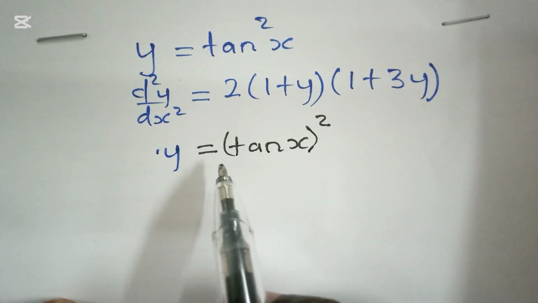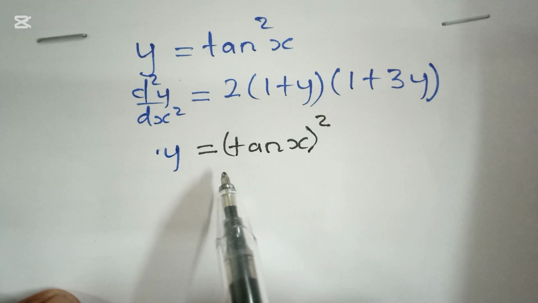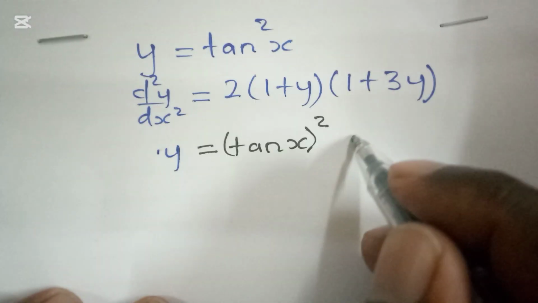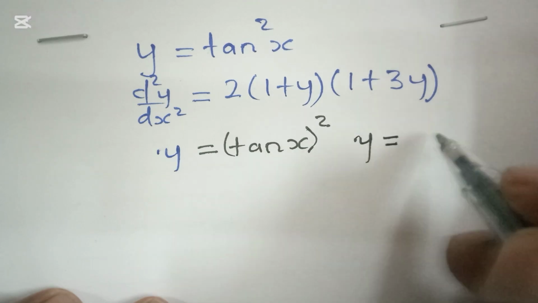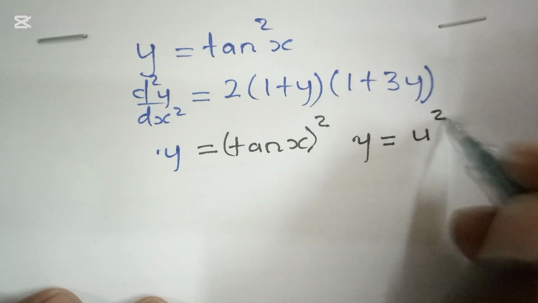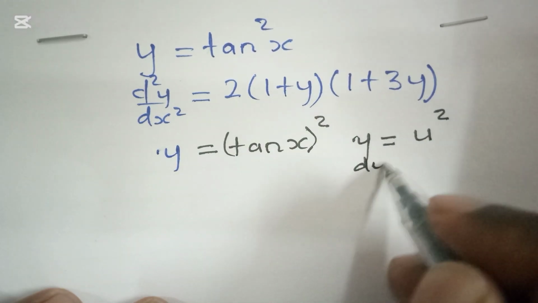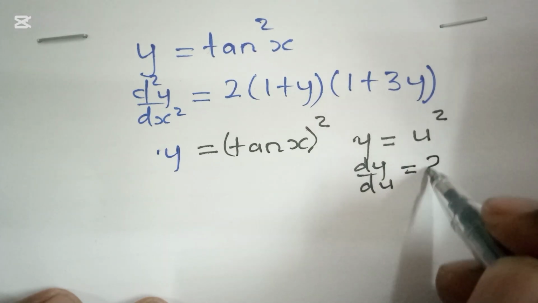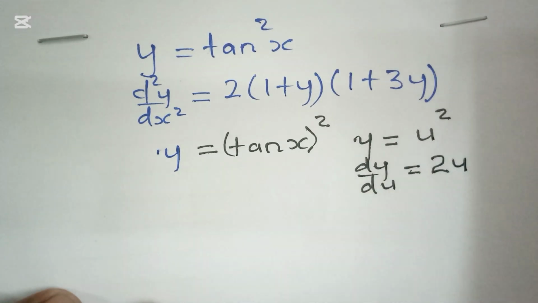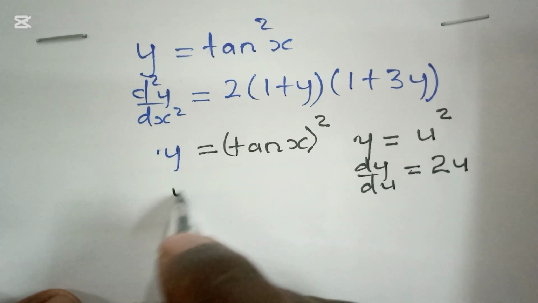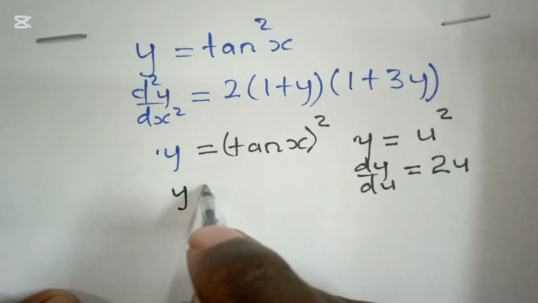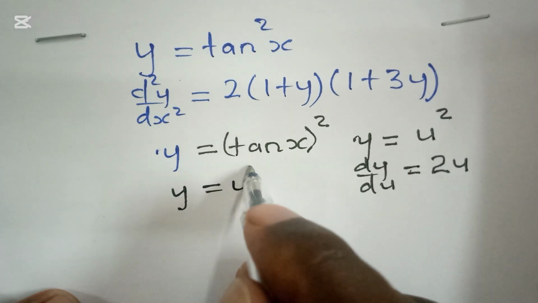And so therefore guys, using the chain rule, let me just differentiate this way. I will say that y is equal to u squared, and so therefore dy du is equal to 2u.